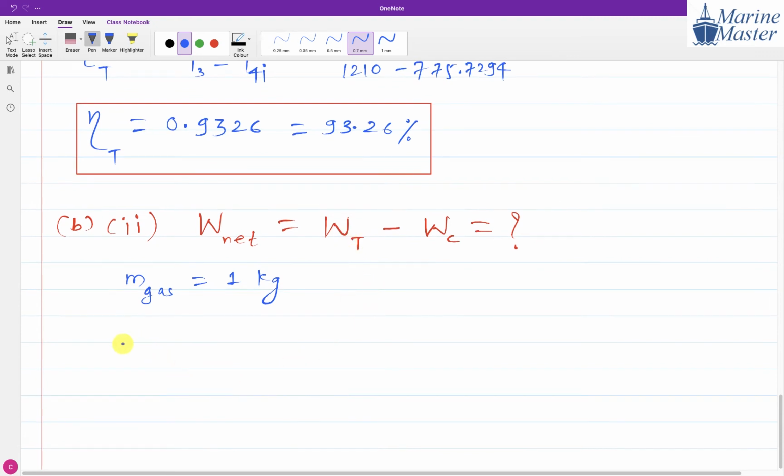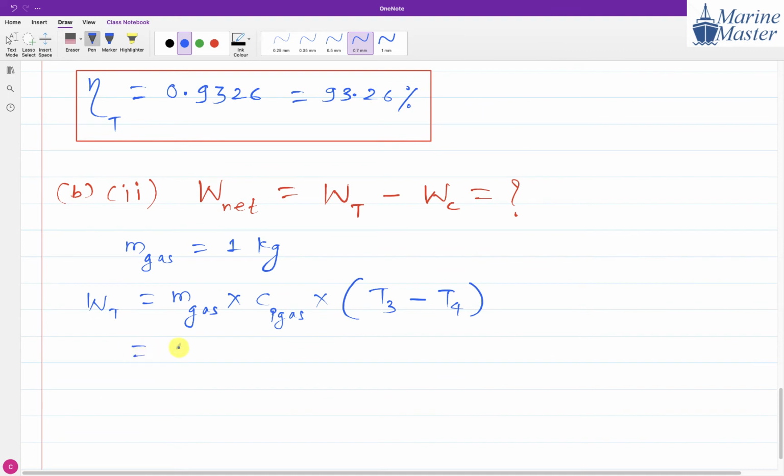First of all, we will try to calculate the turbine work. What is the relation of turbine work we have seen? Wt will be equal to m gas into Cp gas, the specific heat of gas, into the higher temperature, that is T3 at the entry to the turbine, minus T4. Always remember this.